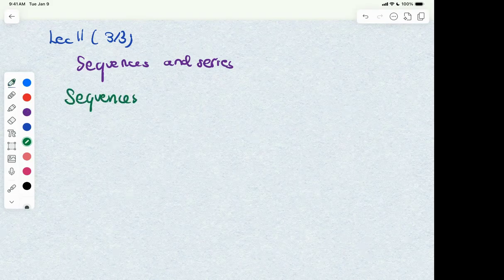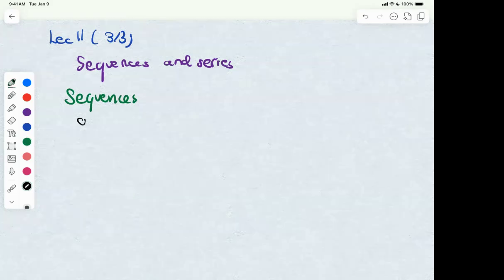So as an initial definition, a sequence is just essentially a list of numbers. Okay. A sequence is a list of numbers.